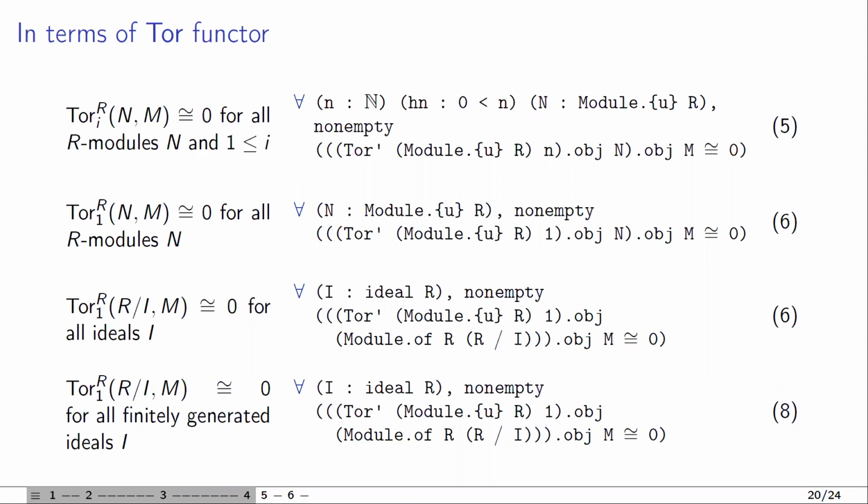From all higher Tor vanishing, we can immediately deduce that the first Tor will vanish, in fact for all R modules N. But here should be 7. The seventh criterion says we don't need to consider all the R modules N. It suffices to just consider R quotient by ideals I. And the 8th criterion says we don't actually need to consider all the ideals I. We just need to consider all the finitely generated ideals I.